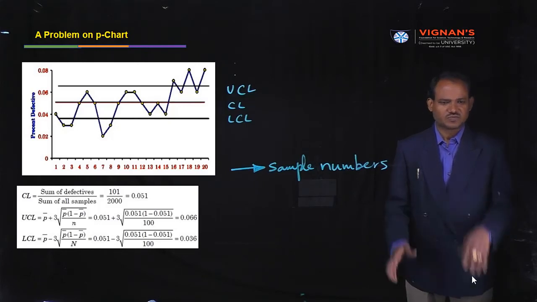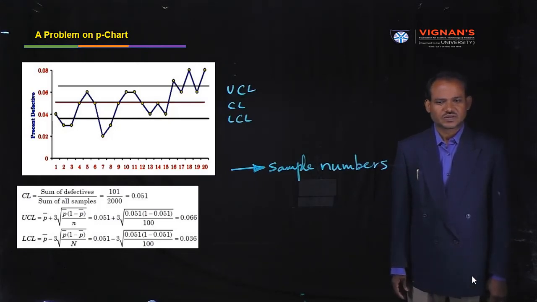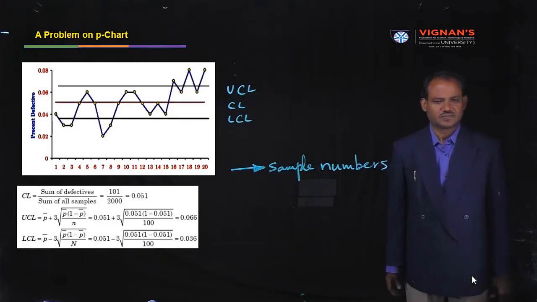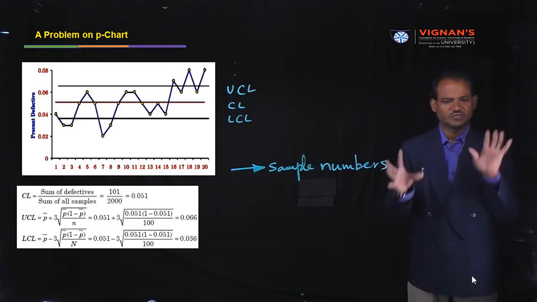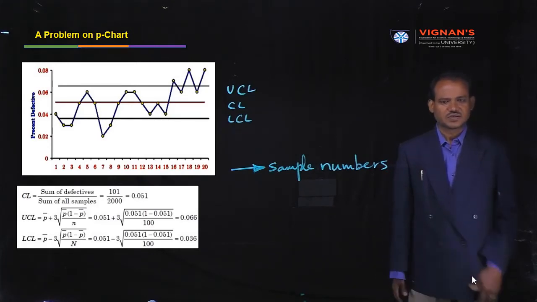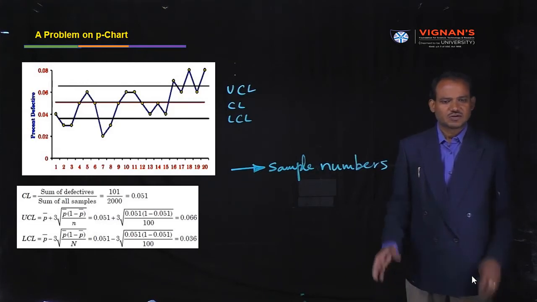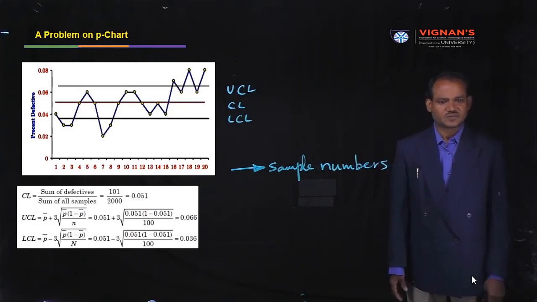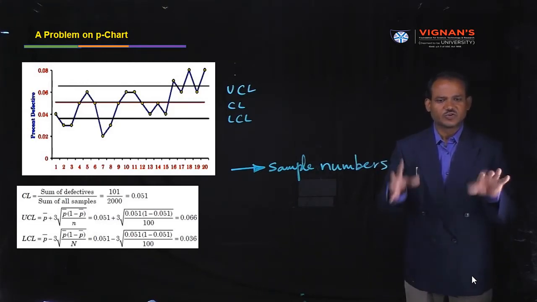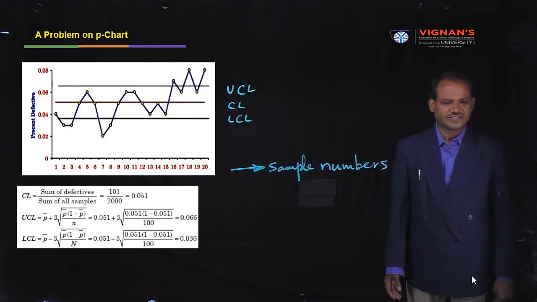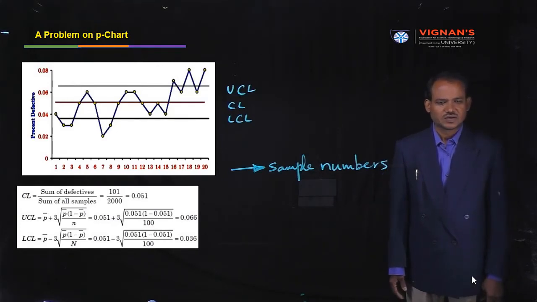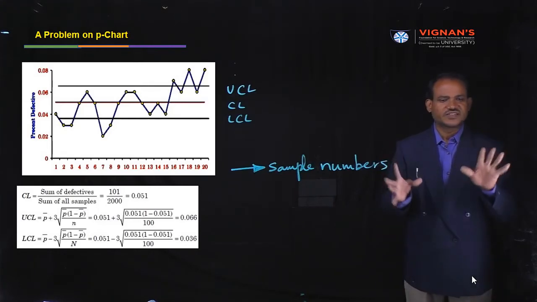Now observe how the variation is there. Here some of the sample numbers crossed the limits, that means above UCL and below LCL. Therefore, the process is out of control.